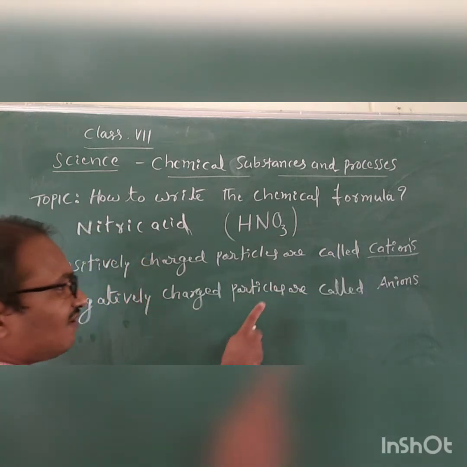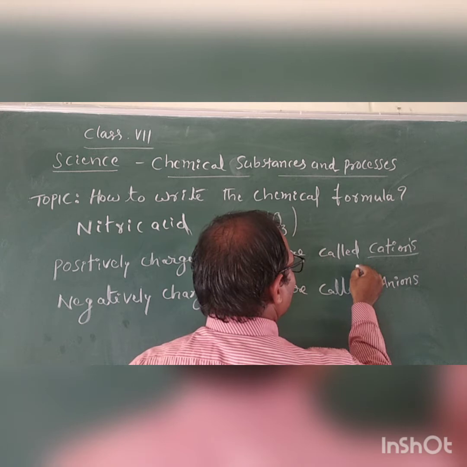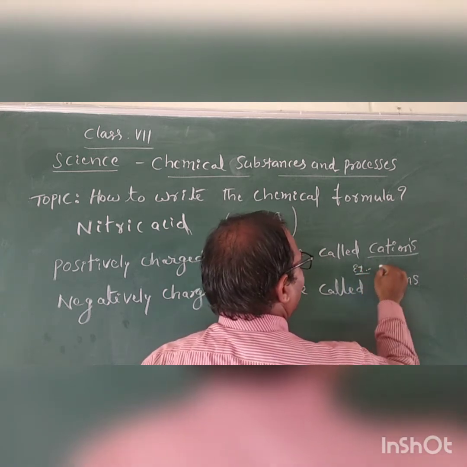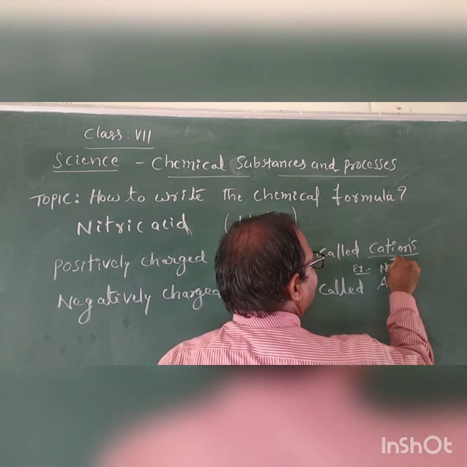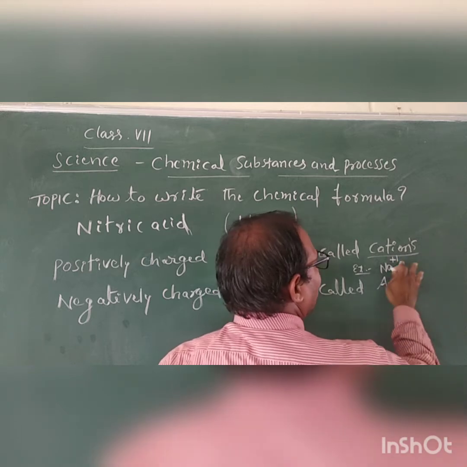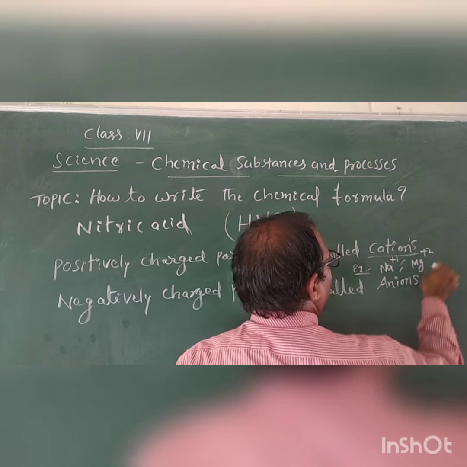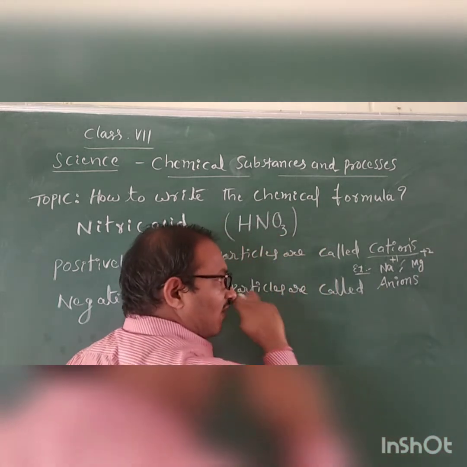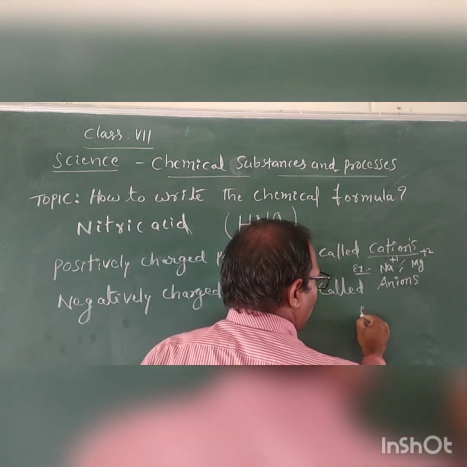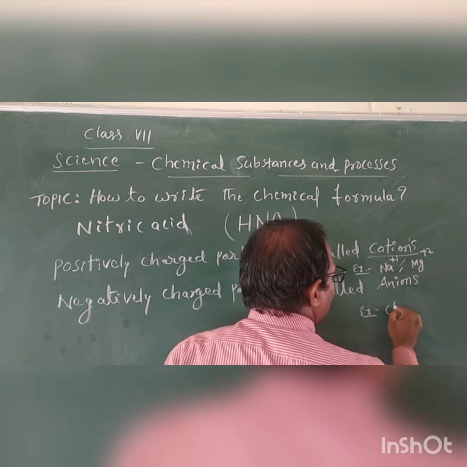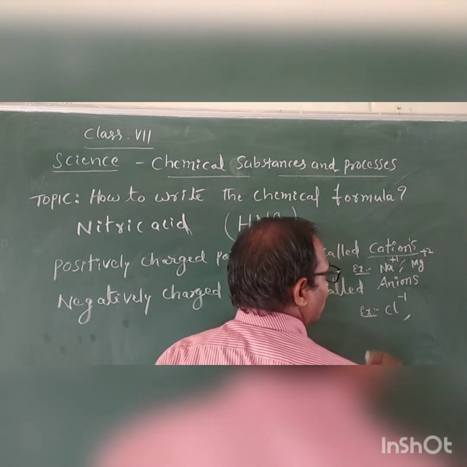Okay, now I will write examples of cations. Sodium cation, symbol Na+1. Magnesium cation, symbol Mg+2. Examples for anions: chloride ion, Cl-1.